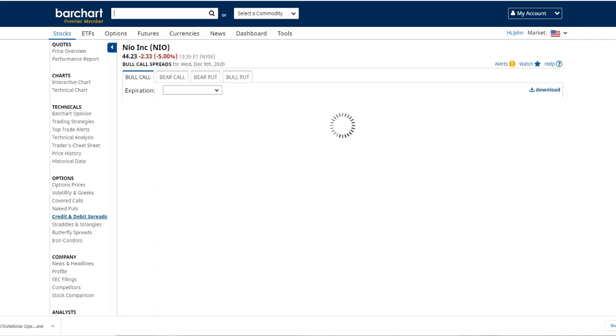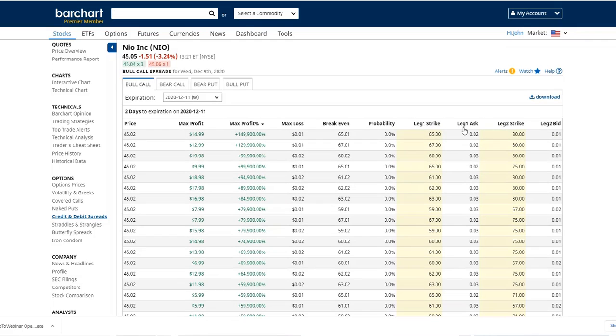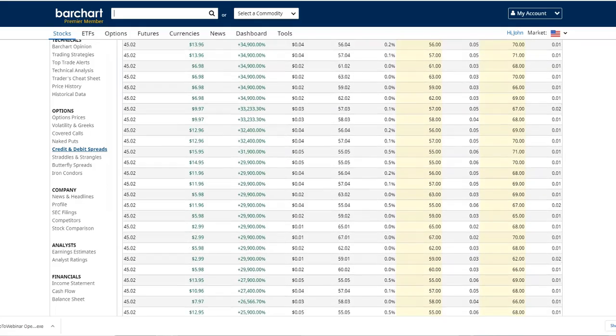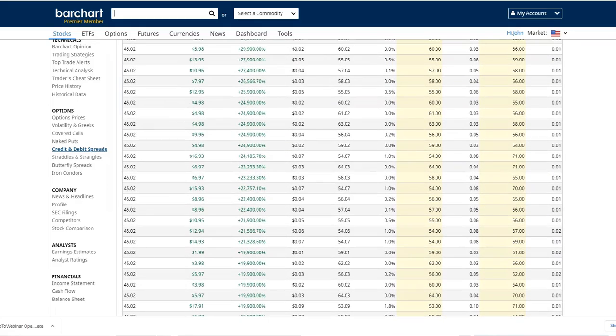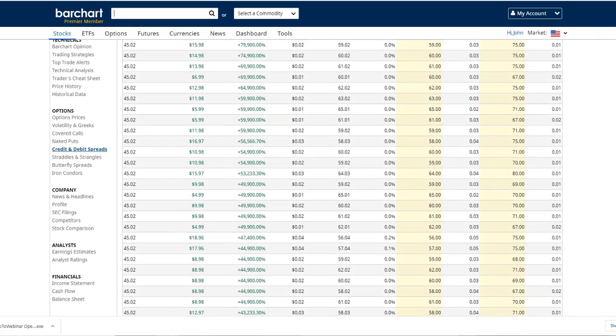And if I want to customize my credit spread here, then I can pick those different strikes. Now, they do these in ascending or descending order, right? So we were around $45. You can see that there are a lot of strikes that we need to go through, so you do need to use a little bit of diligence on this one, take a little time.